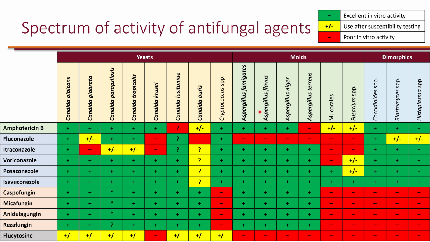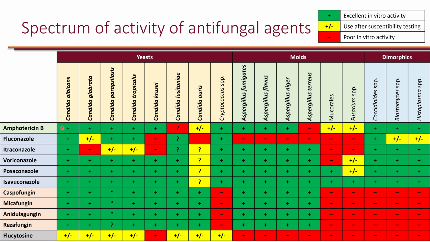Now, lastly, let's take a look at the spectrum of activity of these agents. So it's good to think of yeasts and then molds and then dimorphics. When it comes to yeast, these are the significant Candida species that cause fungal infections, clinically important. And there's also cryptococcus.